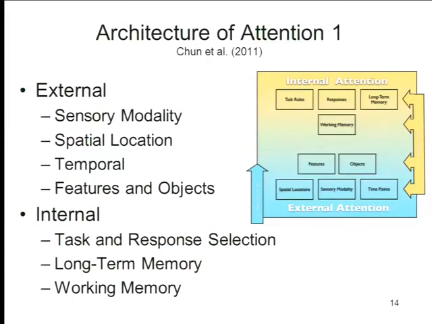Okay, my grandmother is not present in the physical environment right now, but I'm able to think back and retrieve memories from my encounters with her. And also working memory. Once I've started thinking about my grandmother, I can maintain that representation in working memory and keep thinking about her even though she isn't present. So this is one aspect of the architecture of attention that's quite important.